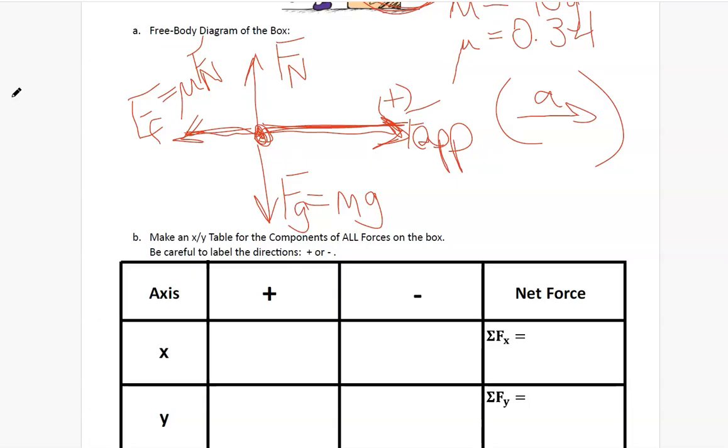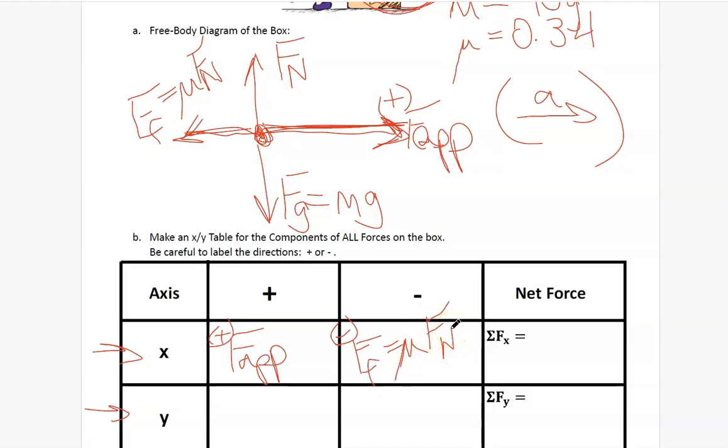What do we know? We have the horizontal forces in this row and the vertical forces in this row. And so our horizontal forces that are in the positive direction, the only force in the positive direction is the applied force. We'll make a little note that it's in the positive direction. The force that's in the negative direction horizontally is our frictional force, and we'll make a note that that's in the negative direction, and we can calculate that as mu times the normal force.